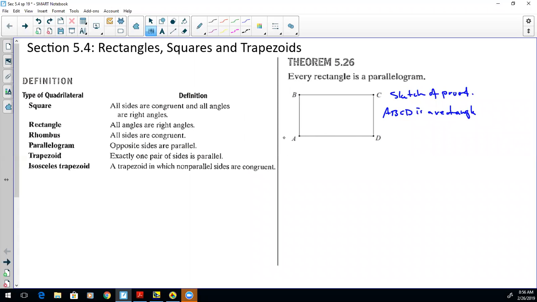In particular, we get that angle BAD, well, we don't have to call it BAD, we can just call it angle A, and angle B are right angles.